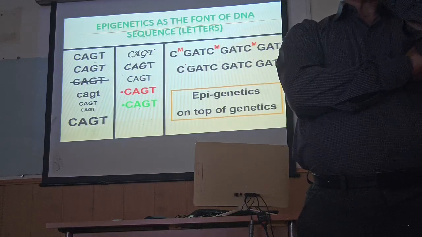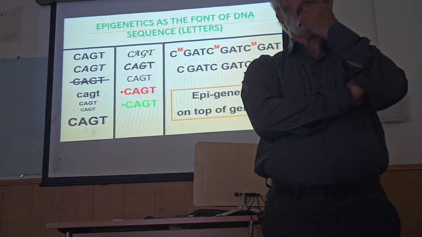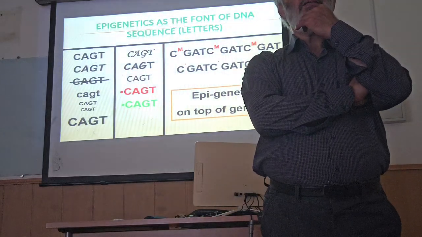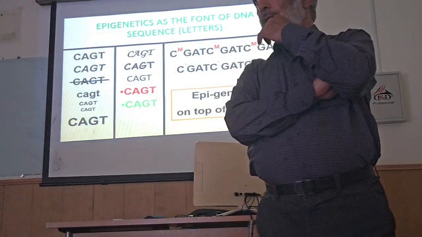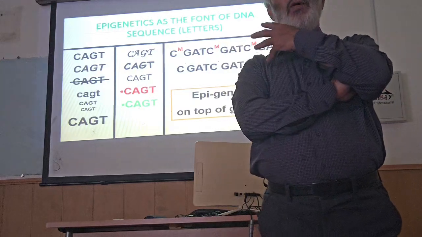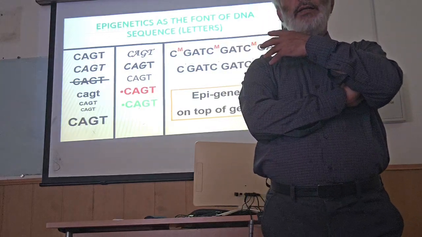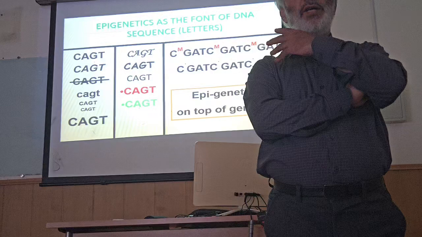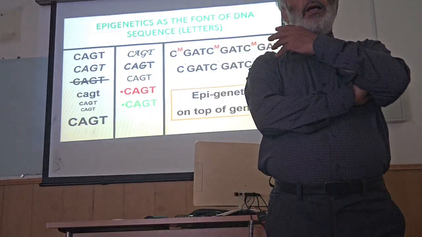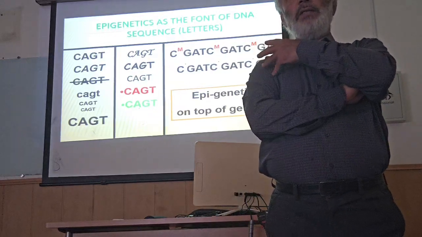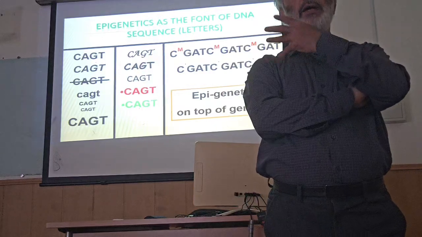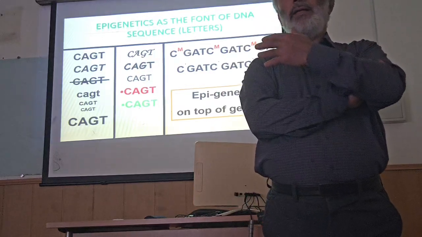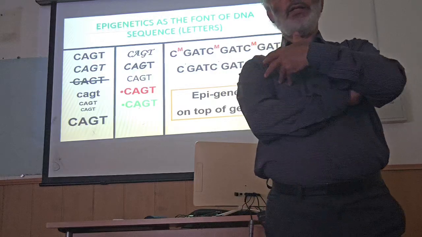We said epigenetics is the changes in the expression of the genes without changing the DNA sequences. We have 4 letters here, C, A, G, T. They have been written in different fonts, different sizes, different colors. The letters have not been changed.